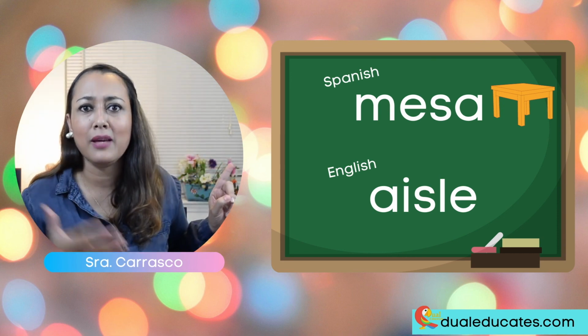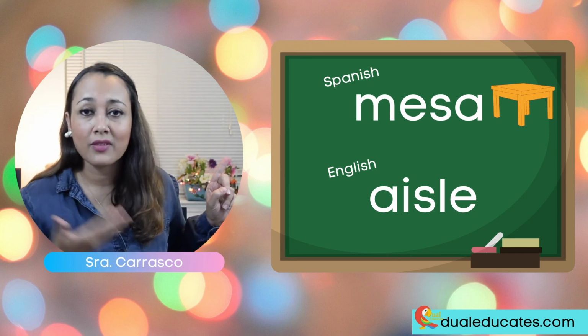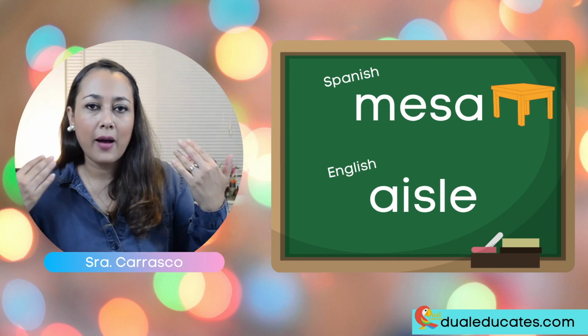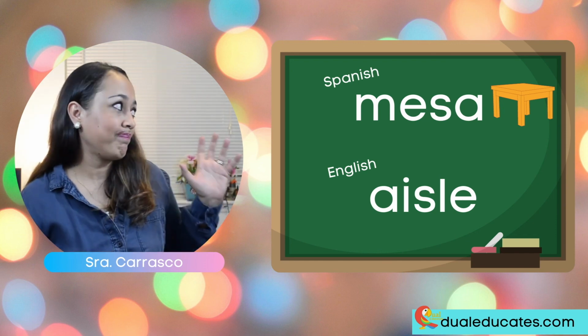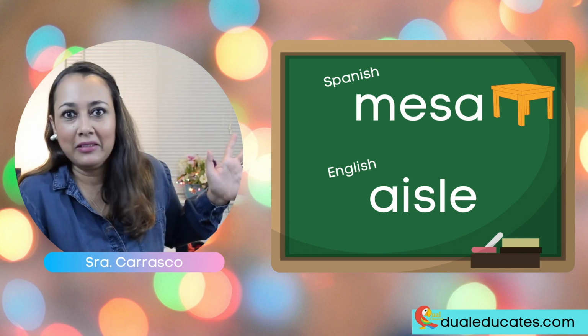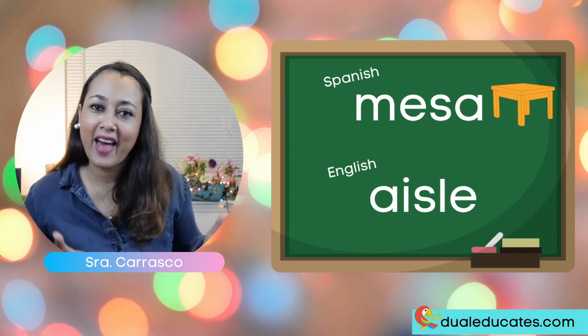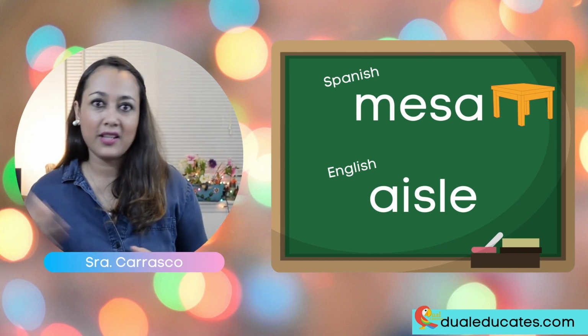Aisle. Imagine that. This word is pronounced like that. A person that is beginning to learn English would say aisle, aisle. Because in Spanish we just read the word the way it is written.